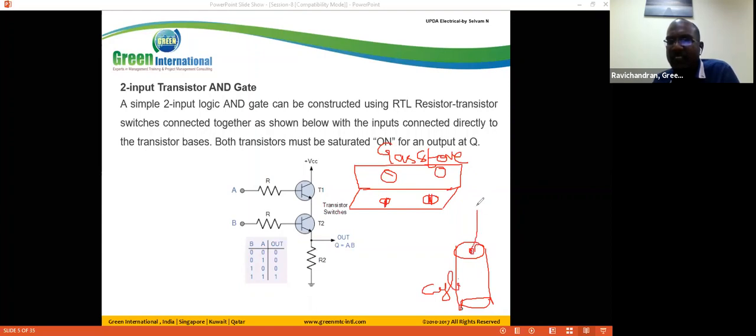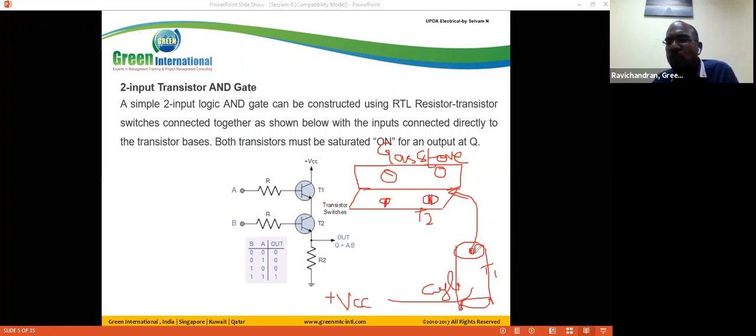Here we have a regulator. So it is a T1. It is T2. Assume that. The T2, T1. So it is a VCC. We have a gas here. So it is a plus VCC.